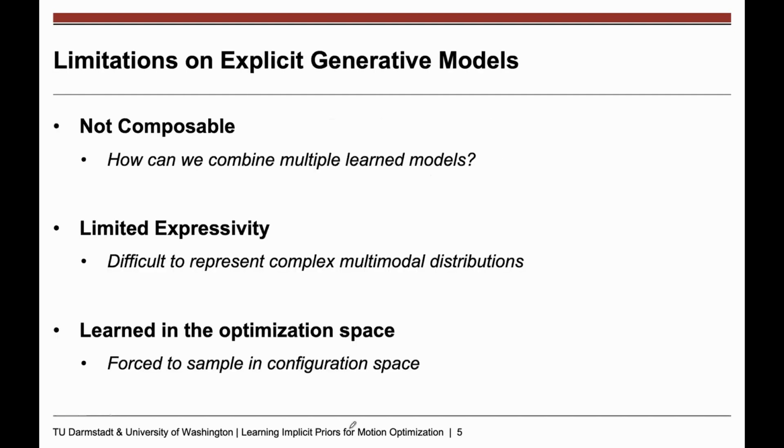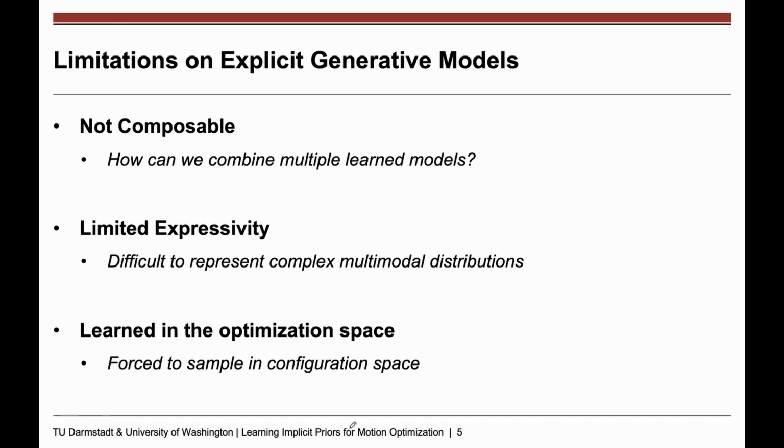Nevertheless, the state-of-the-art approaches on learning from demonstration contain a set of limitations. First, these methods are not composable. If we have multiple learned models that we aim to maximize jointly, we cannot combine them. Second, the specificity of these methods is quite limited. In the most common cases, Gaussians are used to represent the demonstration distributions, which are not able to properly represent multimodal distributions.